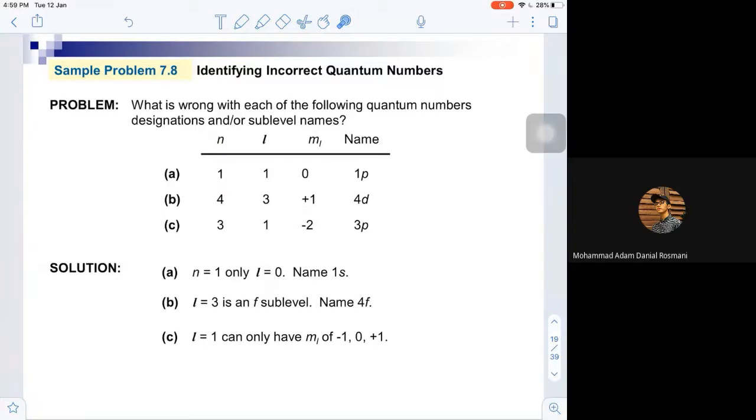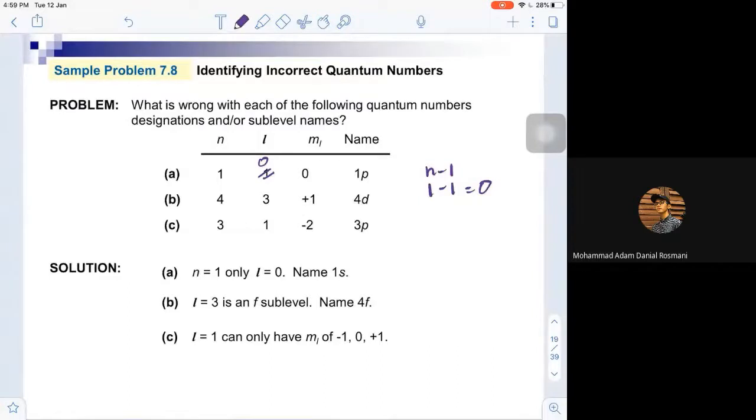Since our n is 1, L is n minus 1, so 1 minus 1 equals 0. So the only L value for n equal to 1 is 0.